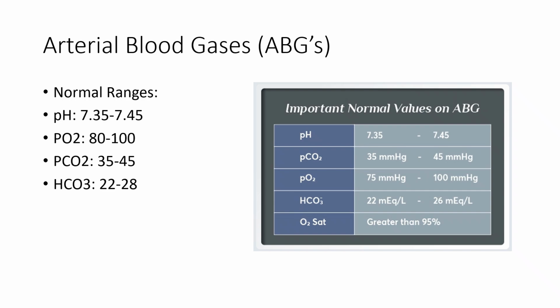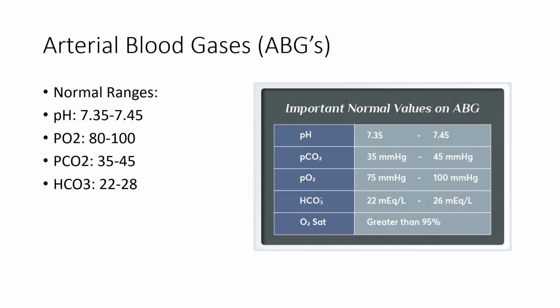Patients who are receiving mechanical ventilation will often receive serial ABGs because ABGs are going to give us an inside look at how well the patient is ventilating, how well gas exchange is occurring, and if they are eliminating carbon dioxide appropriately. And the ventilator settings and modes are going to be manipulated based on these values.